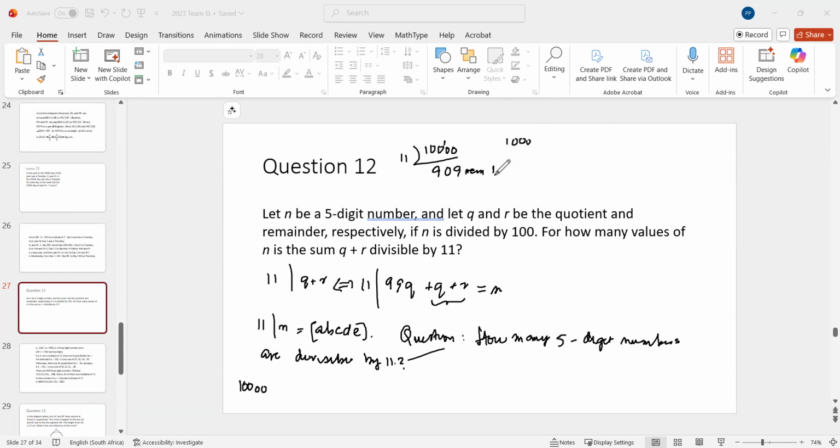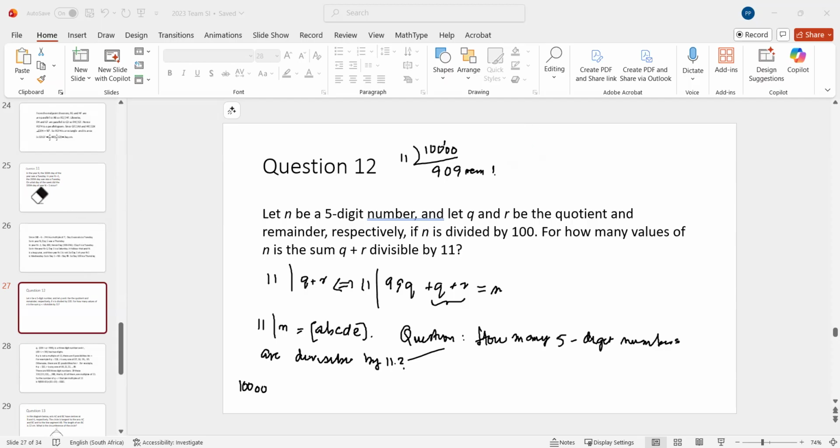It leaves the remainder of 1 when you're dividing by 11. You have to add 10 to it to make it a multiple of 11. That's the smallest number you must add to this to make it a multiple of 11. The remainder is 1, so it is 10,000 plus 10, which is 10,010.